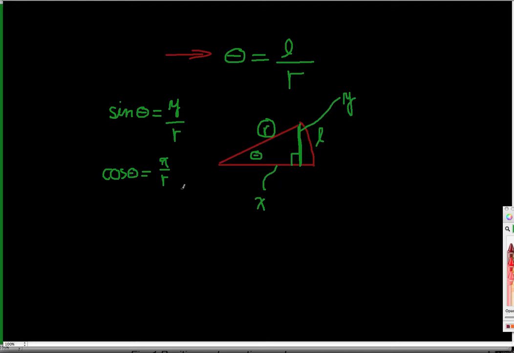And the cosine of theta is equal to X, the side adjacent to the angle, divided by the radius. So cosine is this side divided by the radius, sine is this side divided by the radius. And the angle is given by this expression right here. So we have these three equations for the sine, the cosine, and the angle expressed in radians.